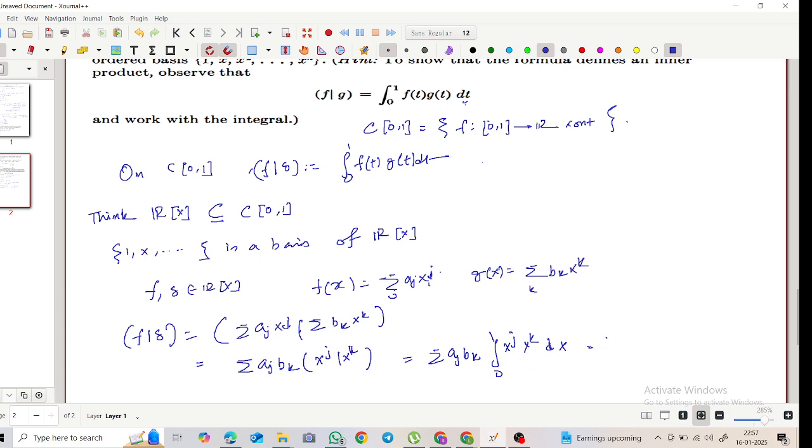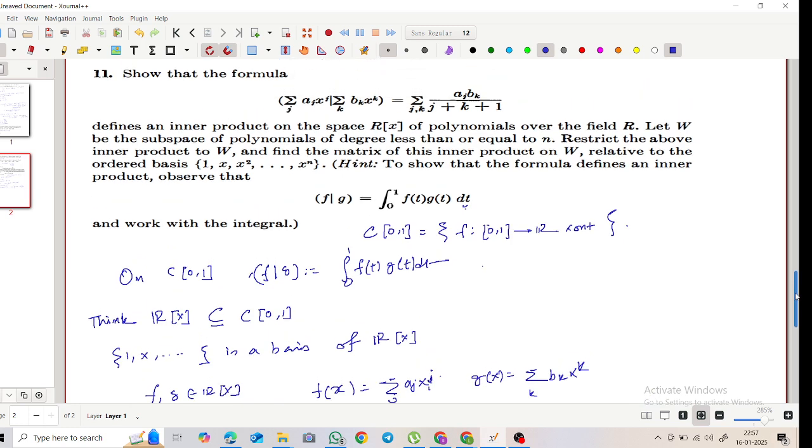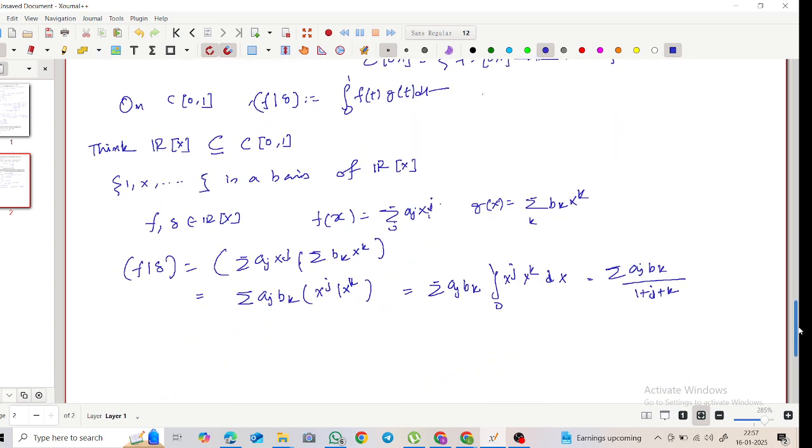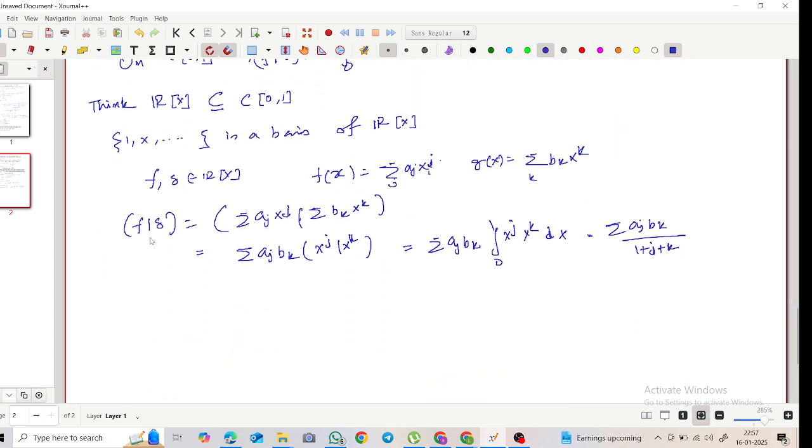So by integrating this, you get just a_j b_k divided by j plus k plus 1. So you get that this thing is an inner product, right? This is nothing but an inner product written in this way. So this is the solution basically.